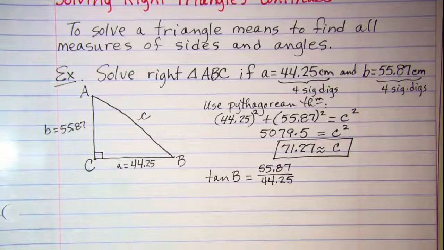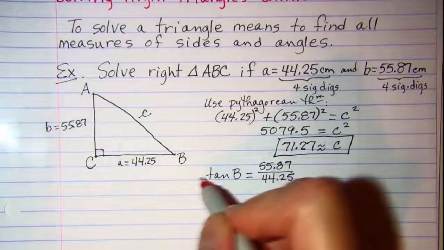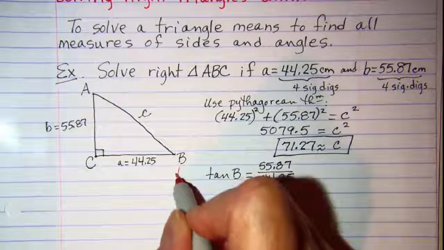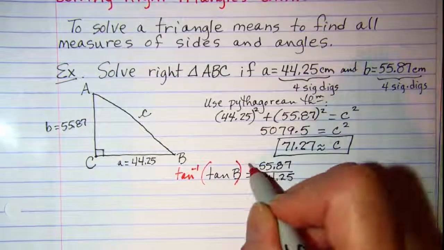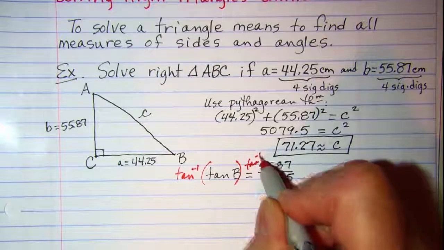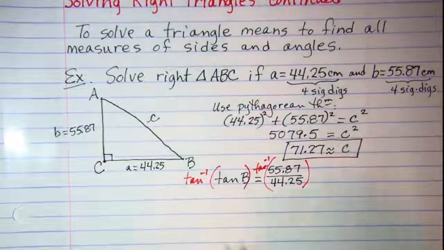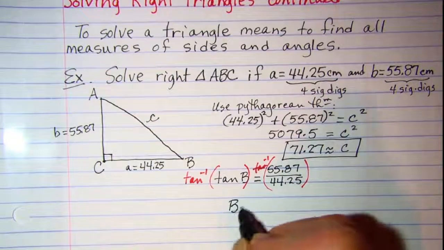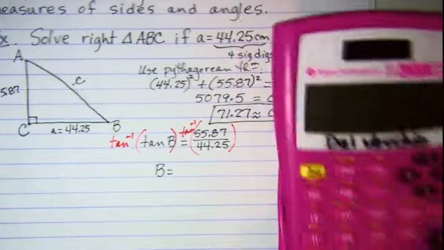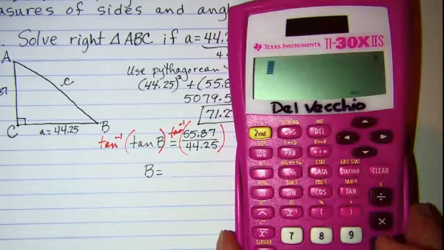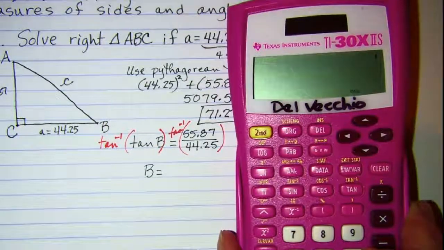Now whenever I'm looking for the angle, I don't know the angle, so I need to use my inverse trig function. So I'm going to inverse tangent on both sides. And when I inverse tangent, I get just B. And then on my calculator, now this time I am dealing with trig, so I need to make sure I'm in degree mode.